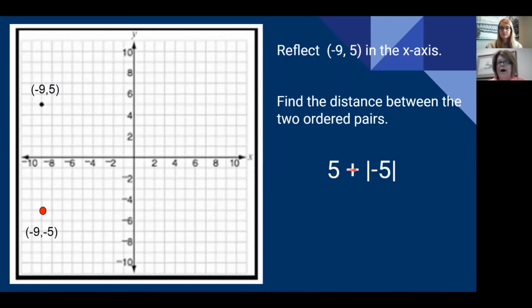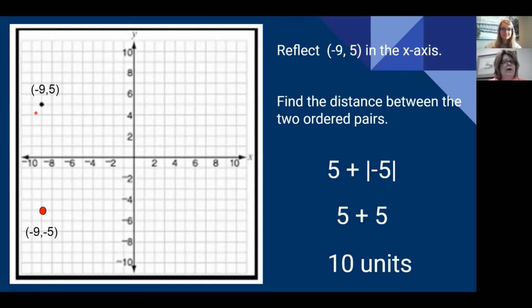So I have 5 plus the absolute value of a -5. And -5, the absolute value of it, is 5 away from 0. So we're going to write 5 plus 5, and 5 plus 5 is 10. So we would say this is 10 units from this point to this point.